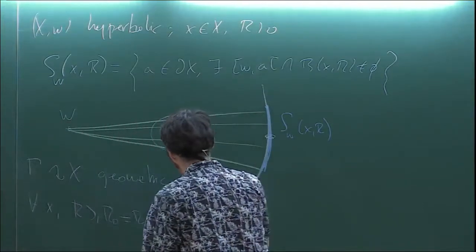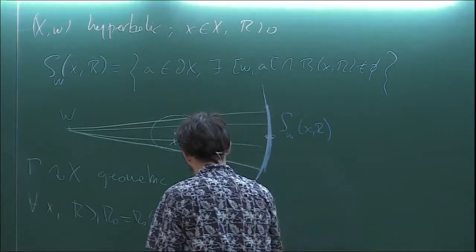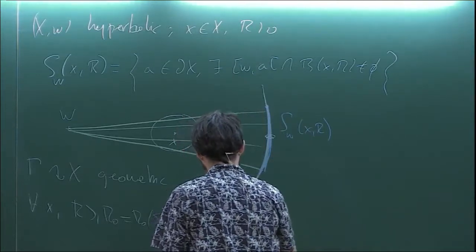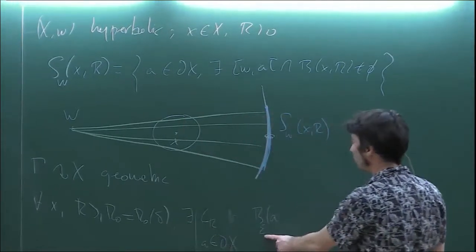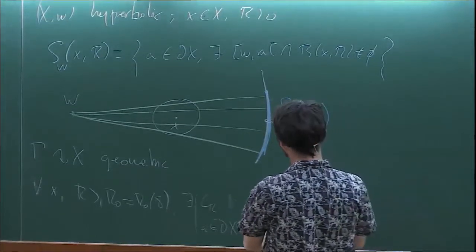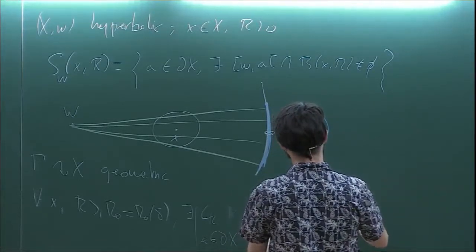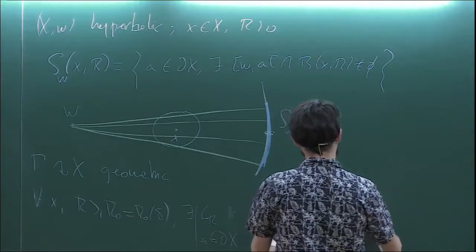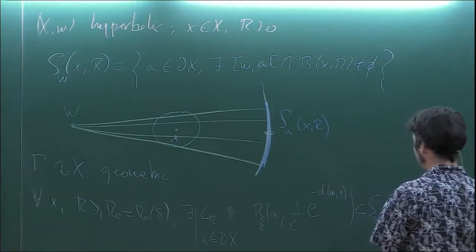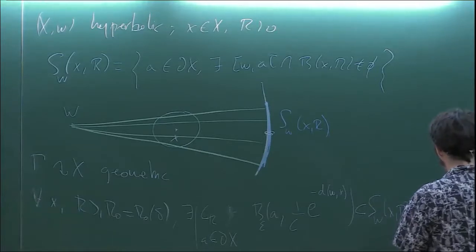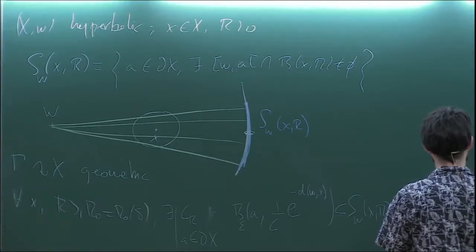So there exists a constant which depends on R, and a point A in the boundary, such that the ball centered at A, in the visual distance with parameter epsilon, of radius 1 over C times e to the minus distance from W to X is contained in the shadow, and the shadow is contained in the ball centered at A of radius C times e to the minus distance from W to X.